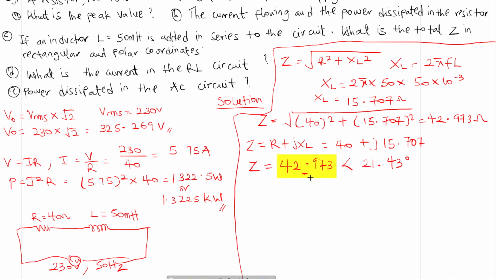So you see that you have impedance value to be 42.973.